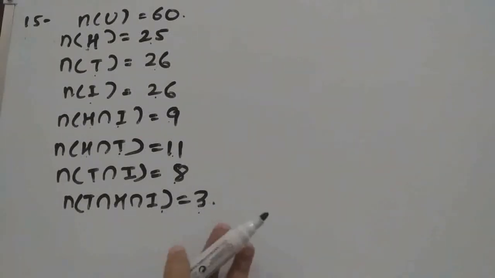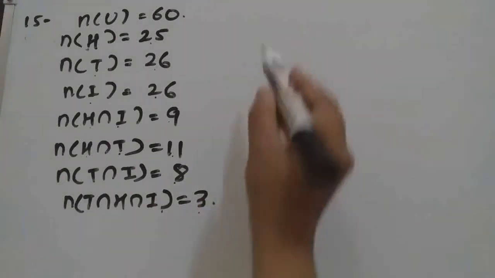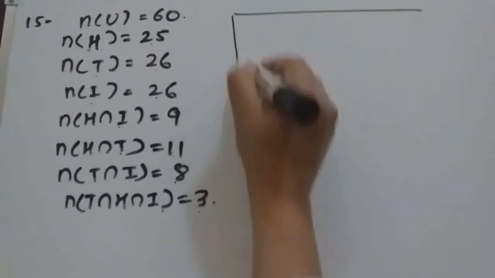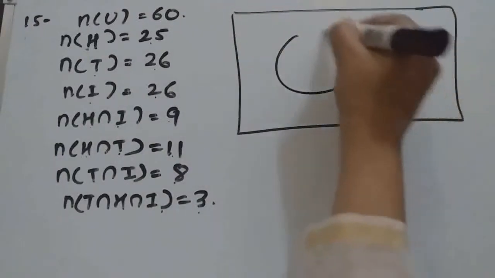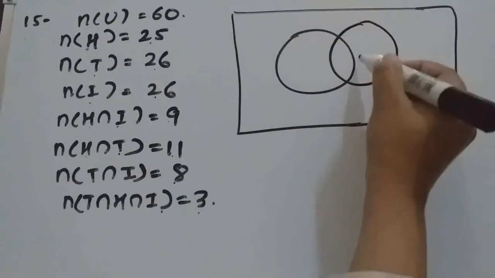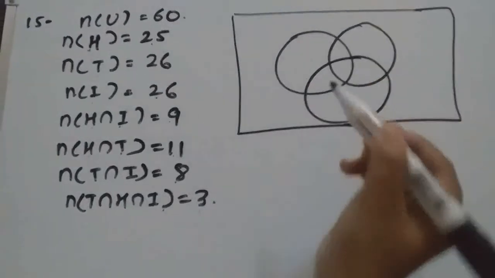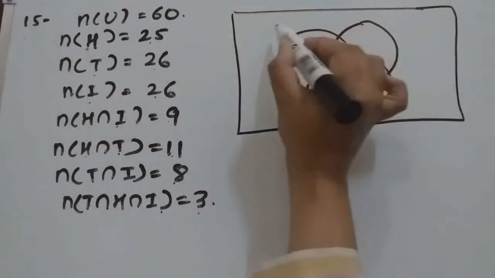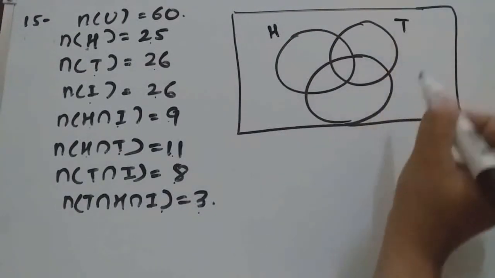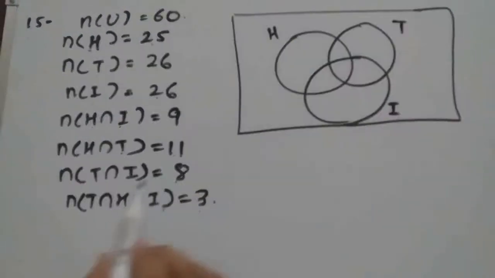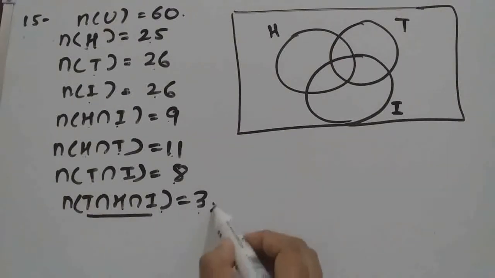Okay, so from this given information, first we'll try to draw the Venn diagram. These three conditions are given. So this is suppose H newspaper, T newspaper and I newspaper. Now intersection, we will start from the reverse order.